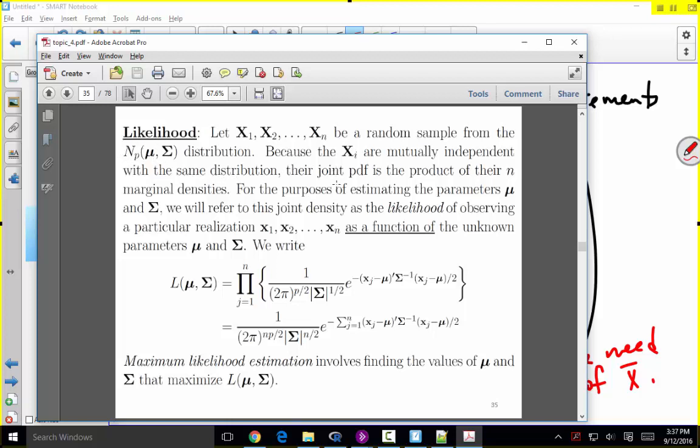Because of independence, let me write something over here.